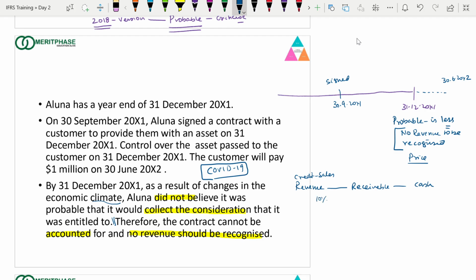In some cases, if you are buying online, you have to pay 100% in advance, and then only they will accept the order. The moment you are paying 100%, there will be a binding agreement.